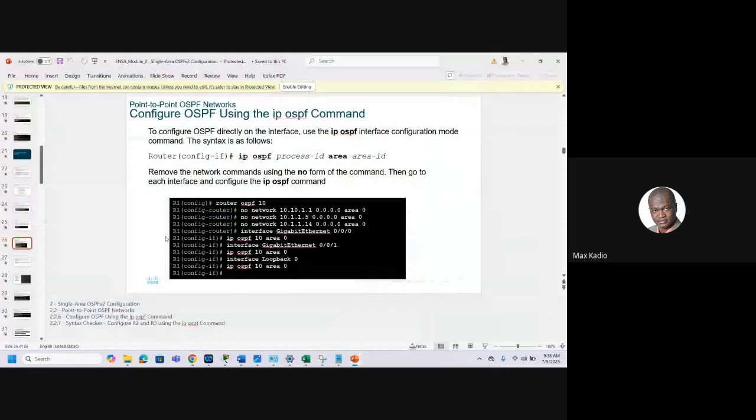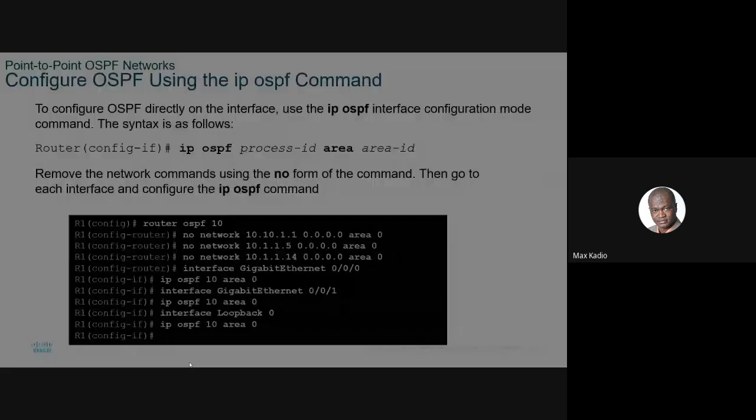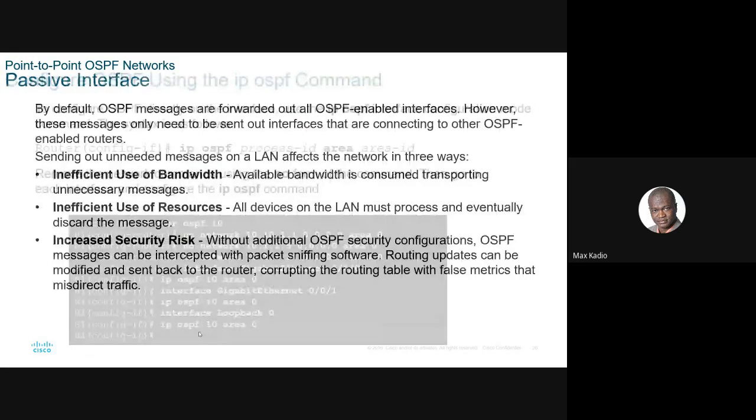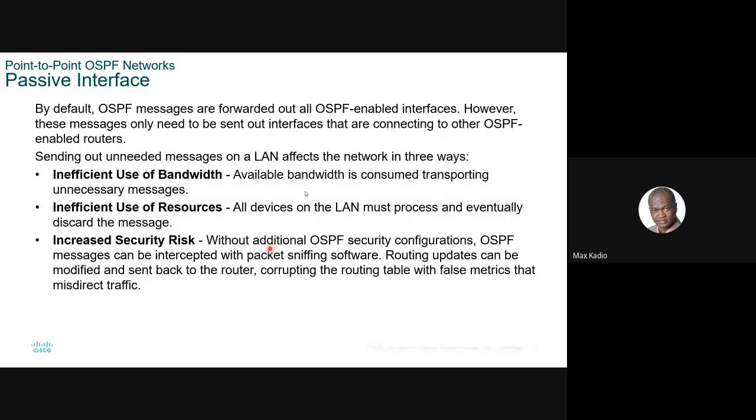What we were doing: to configure OSPF, you can use the network command or the interface command. This one we know, passive interface. You can read it yourself quickly. It's what I explained.